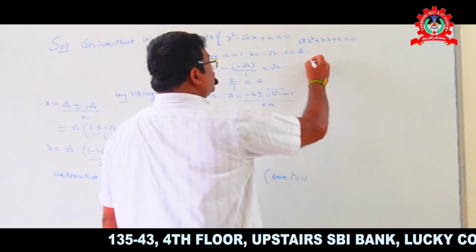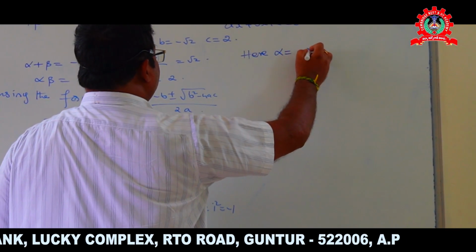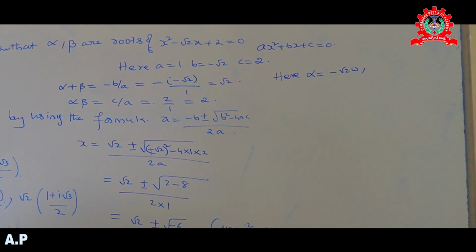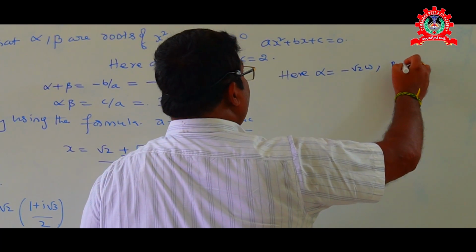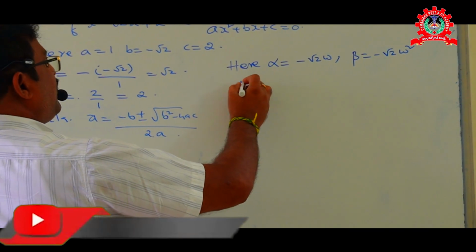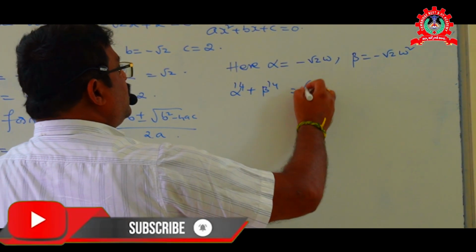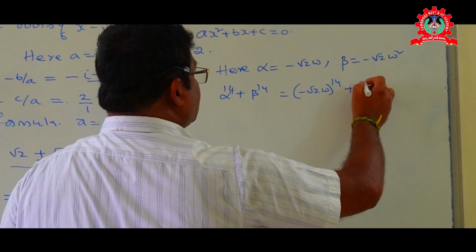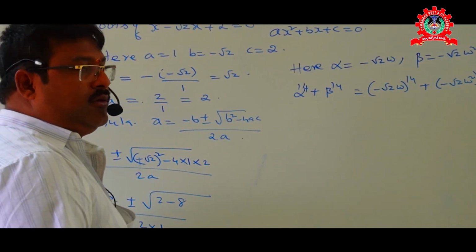Here alpha is equal to minus root 2 omega and beta is equal to minus root 2 omega square. Now alpha power 14 plus beta power 14 is equal to minus root 2 omega whole power 14 plus minus root 2 omega square whole power 14.